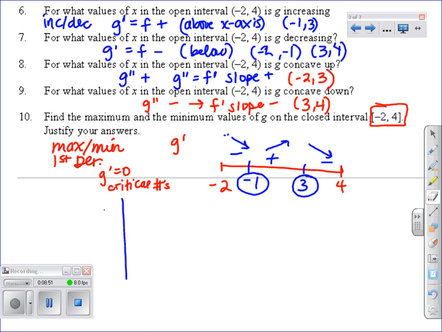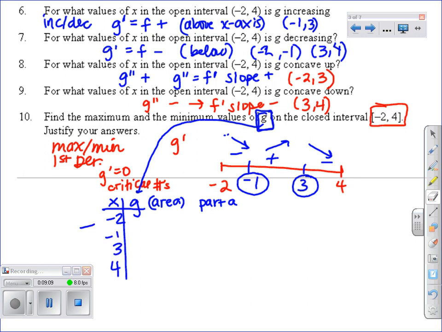So make a little chart. We're going to put them into the actual function we're testing. So plugging it into g, which is the area. And this is from part A. You can get these values. We're testing -2, 4, -1, and 3. These are our endpoints, and these are our critical numbers.